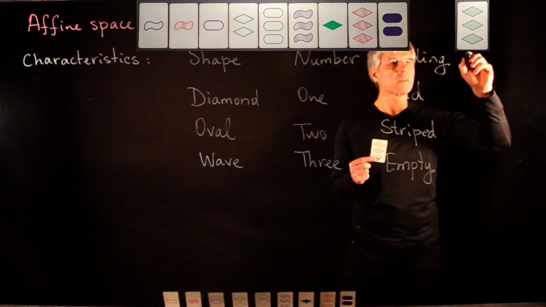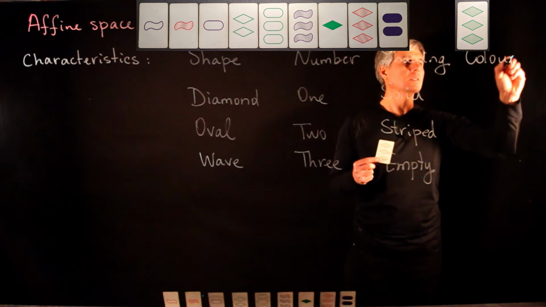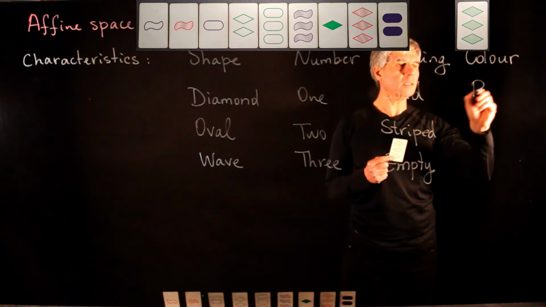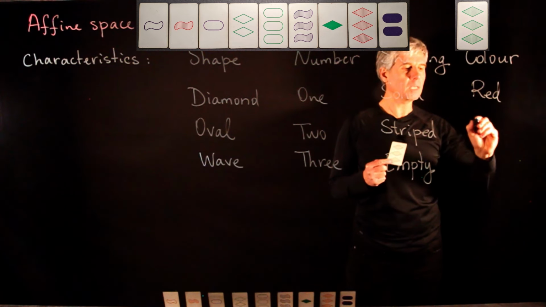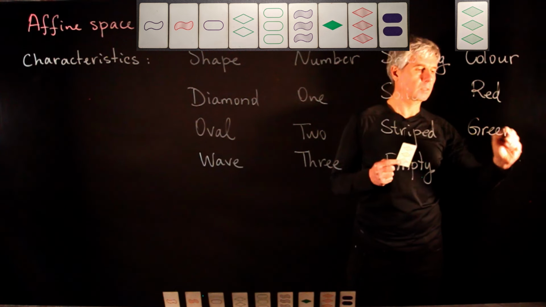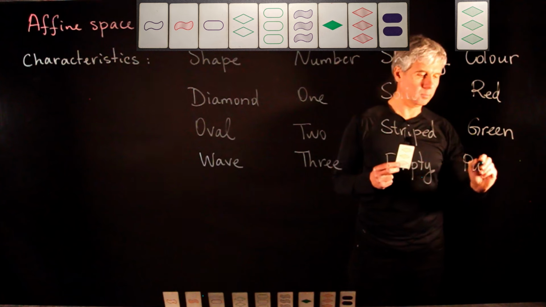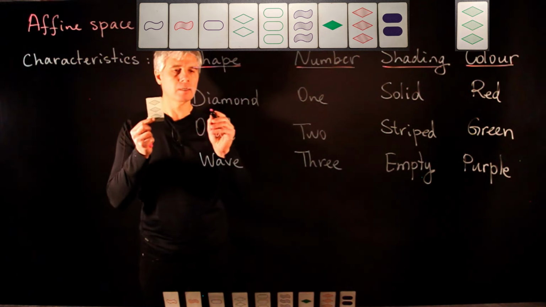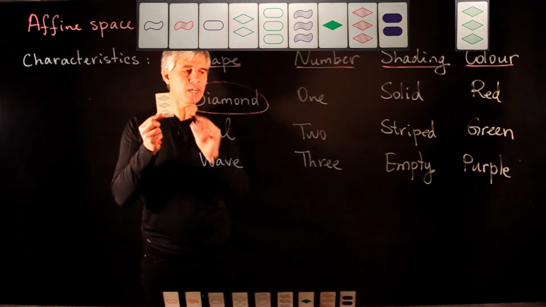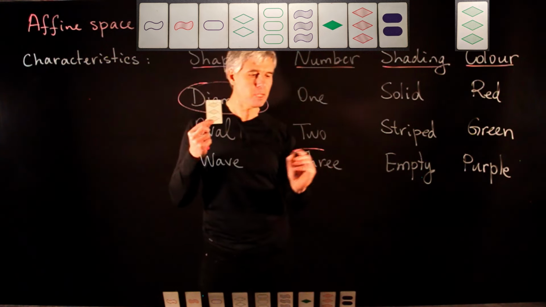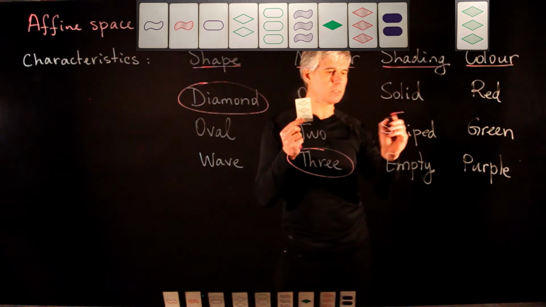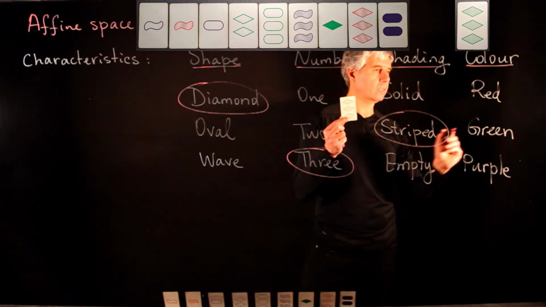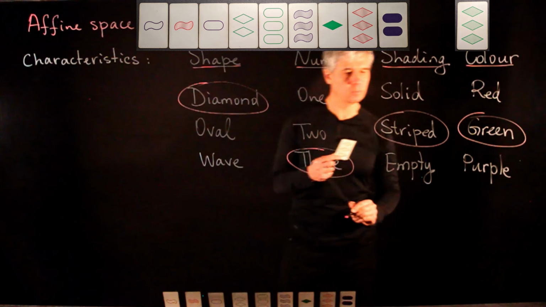And finally, there is color. So it can be red, green, or purple. So, for example, this card, well, it's a diamond. There are 3 of them. So it's striped, and the color is green.